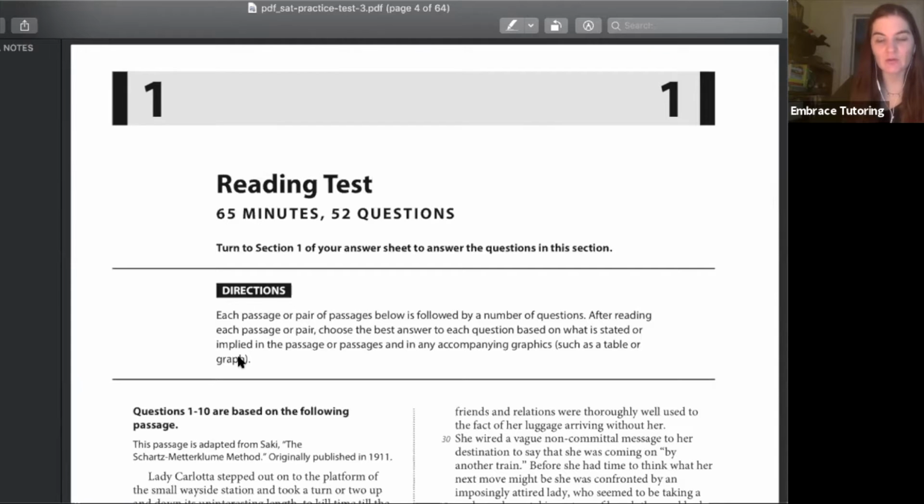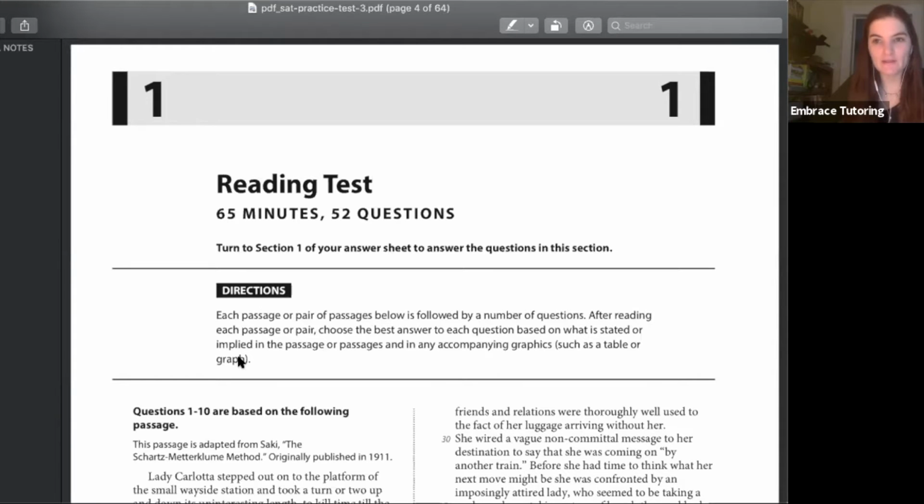You don't have to be there super early necessarily, but you do want to give yourself plenty of time to get settled at the test center, to acclimate yourself to the testing room, and to make sure you've got all your supplies and materials ready to go.